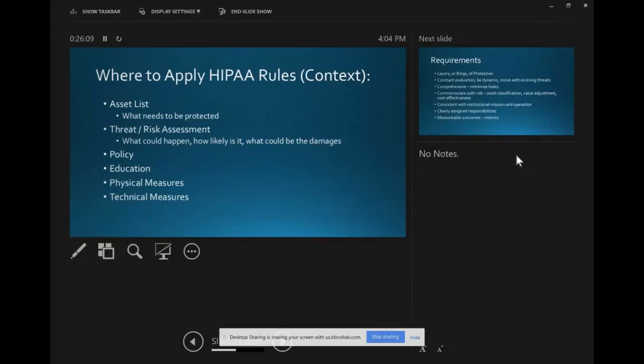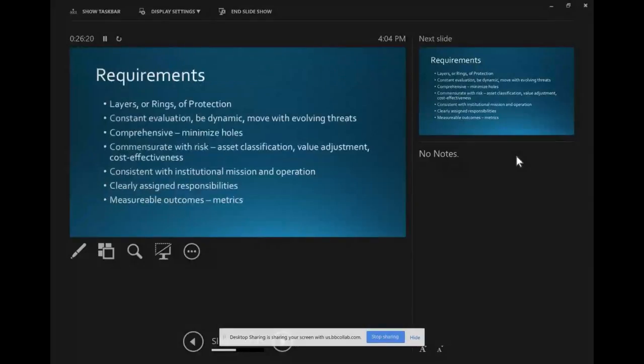You then, using that information, set either policy, education, physical measures, or technical measures to try to deal with the threats. And typically what you're doing is building layers or rings of protection.